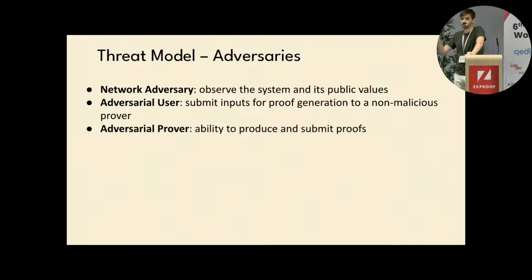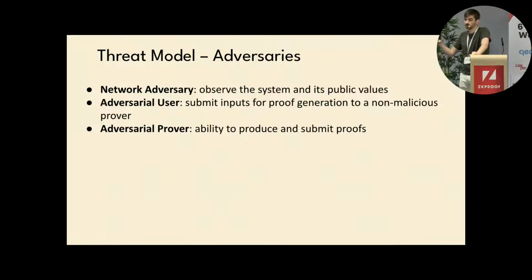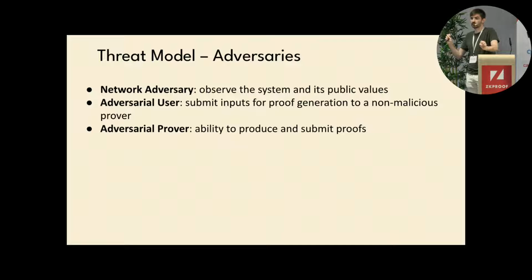This user can submit some inputs to our system, in the case of ZK rollups to the L2, and then we consider that the prover is non-malicious. And this is most probably not the threat model we want to use in ZKP applications. But this is what we have in many of the deployments at the moment, though this would change.